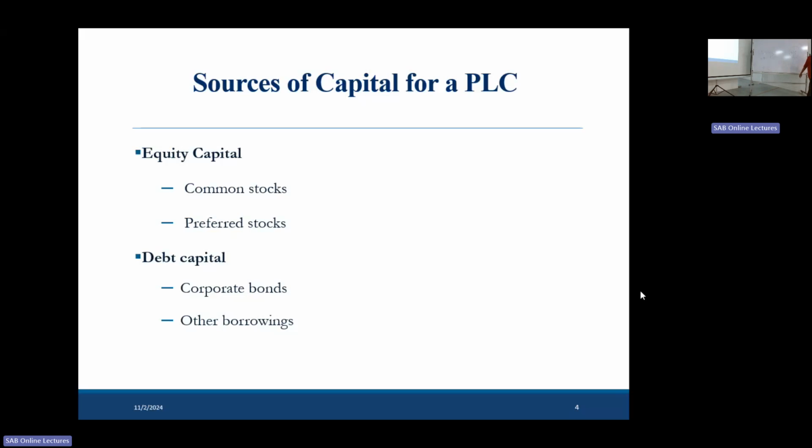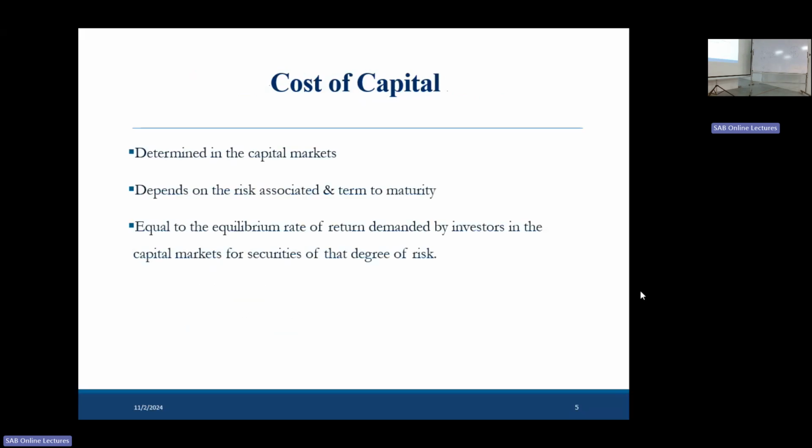I think there is no need to explain this because you identified it in the A-levels too. Going on, when it comes to the cost of capital, it is determined by the capital market, depending on demand and supply conditions.